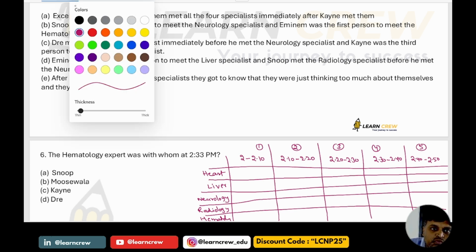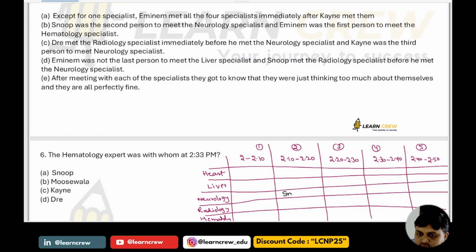So here, in 2:10 to 2:20, Snoop visited neurology, and Eminem was the first person to meet the hematology specialist. So hematology, first one is who? Eminem. Okay, this is how you have to place.